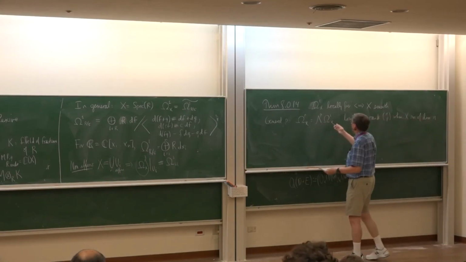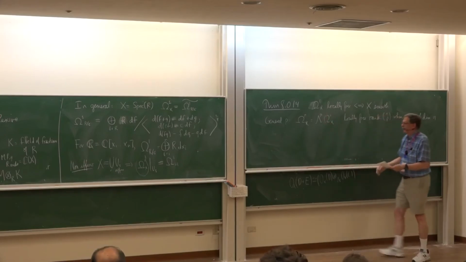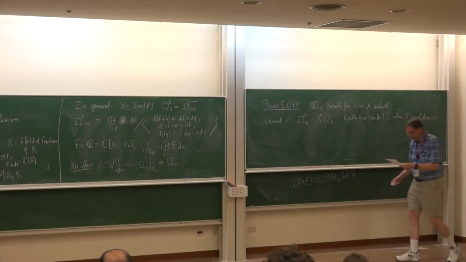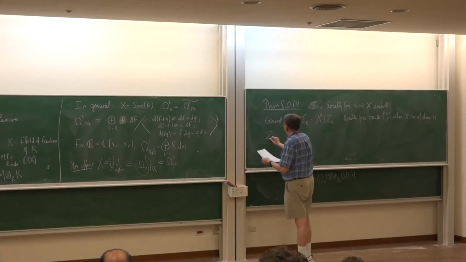And then what happens is that this can be dreadful. When I take the wedge of something dreadful, I get something p times dreadful. So we've got to make it nice. It's pretty obvious how to make it nice: the Zariski p-forms.